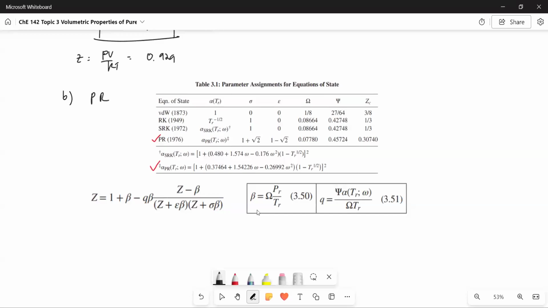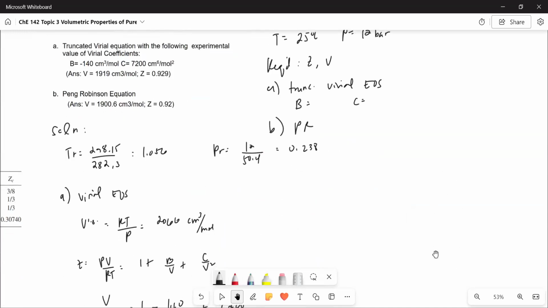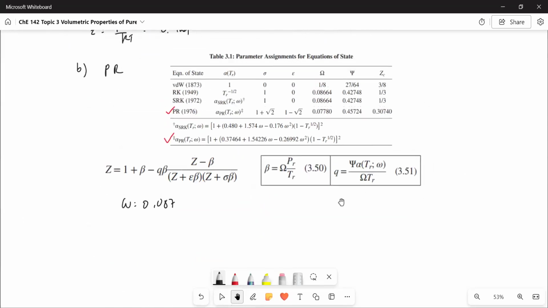Okay, so for ethylene, the eccentric factor is 0.087. And then the next thing that we need to do is to solve for beta and Q, and then substitute them into our working equation. So let's try to solve that.